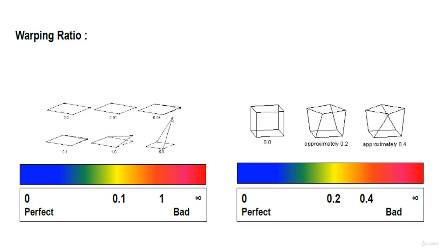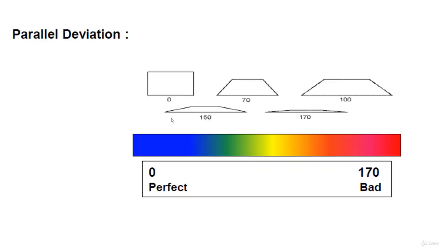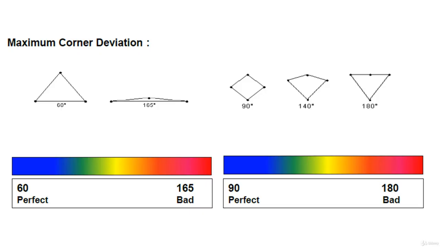Then the next parameter is parallel deviation, which ranges from 0 to say 170, and if you get a value nearer to 0, you can say you have built a good quality mesh. The next parameter is the maximum corner deviation. For a 3-sided element, it ranges from 60 to 165.